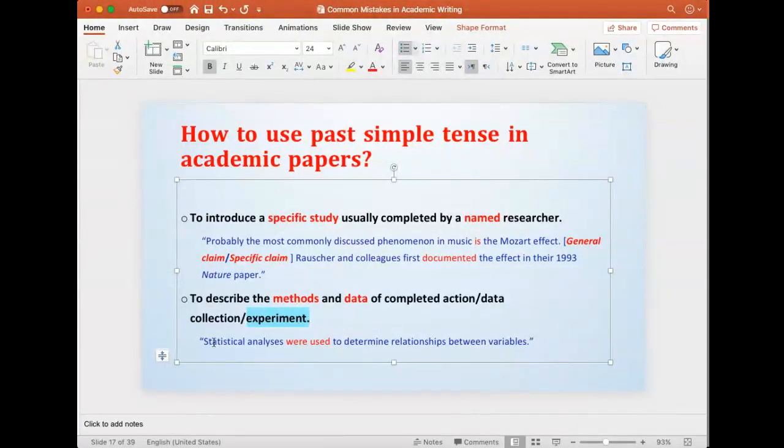For example, statistical analyses were used to determine relationships between variables. Were used. So this is what I have done to do a determination of such relationships. I have already used those methods. Okay.